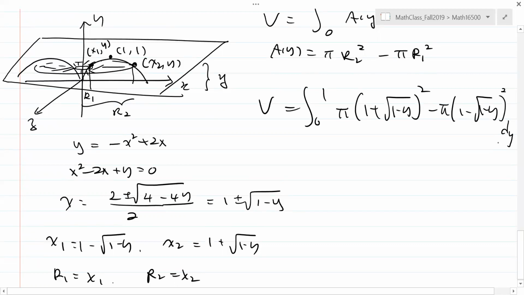This method is called using discs. Actually, what you're doing is using a plane to cut the solid into slices, and y is the distance between the plane and the XZ plane.